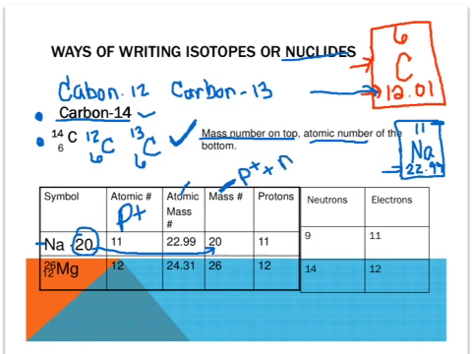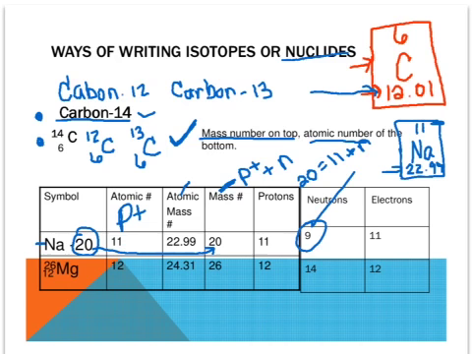Well, we know the mass number is 20, so we have 20 equals protons, which is 11, plus our neutrons, which is what we're looking for. We can just do a simple algebraic equation: subtract 11 from 20, and we get 9.